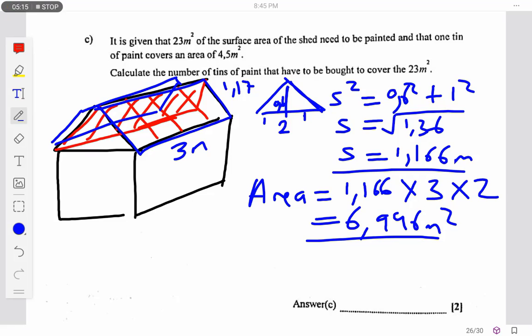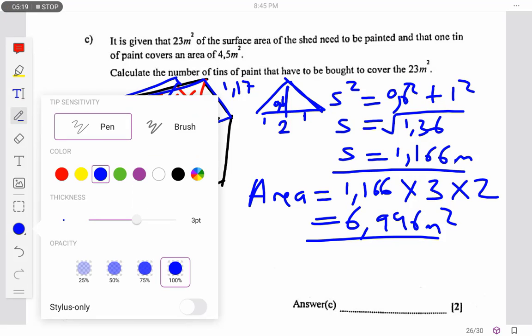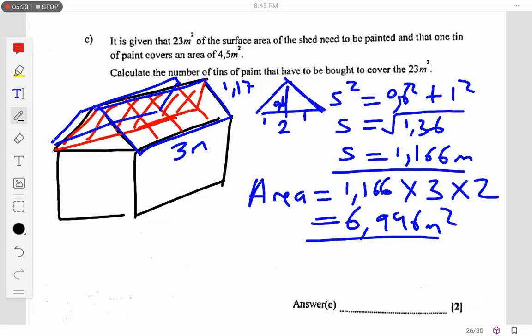Now, let's see, the question is saying, I'm answering a different question here. This question was asking us, it is given that the total surface area is 23 there, of the top there. What is the number of tins of paint needed? Okay, fine.